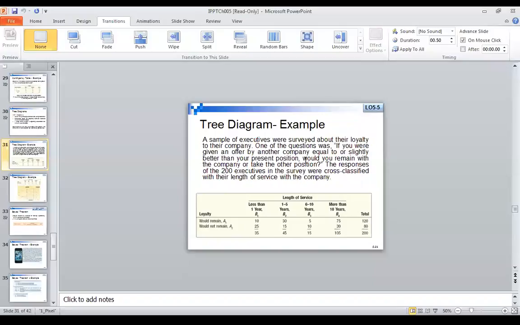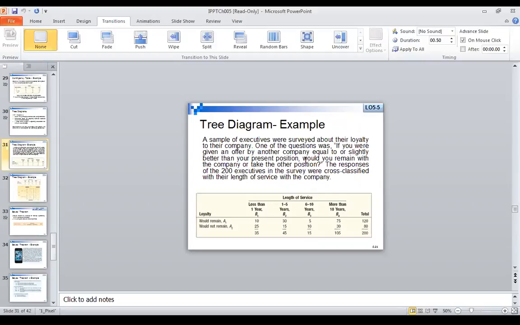From 1 to 5 years of service, 30 will remain, 15 will not. 6 to 10, 5 would remain. So we're going to say less than 1 year, 1 to 5 years, 6 to 10 years, greater than 10, and the total.